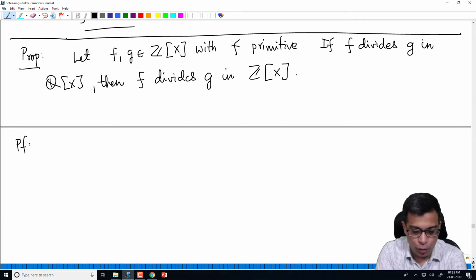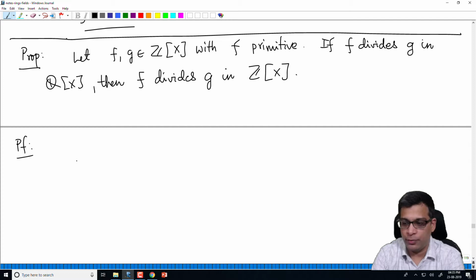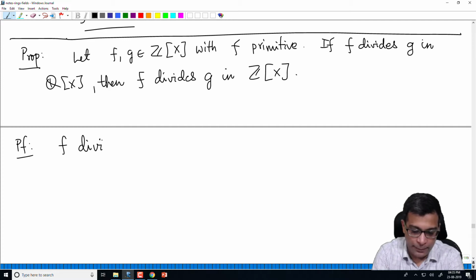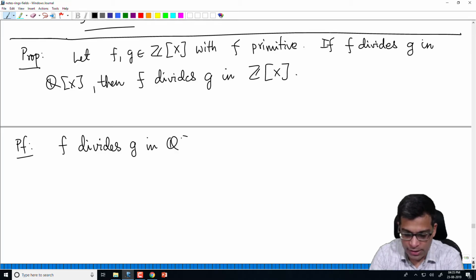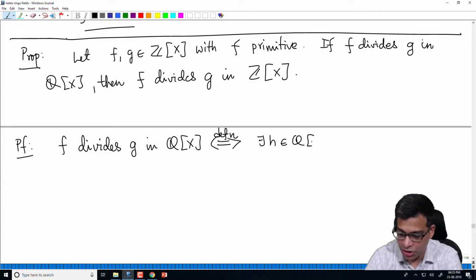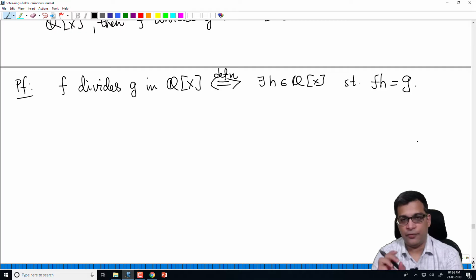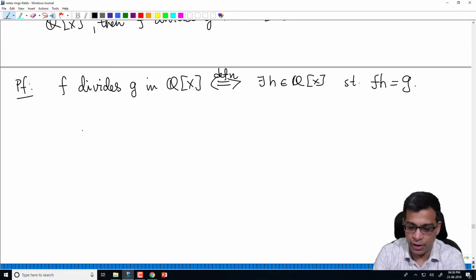So before we start the proof, let me quickly recall what it means for division to happen in a certain ring. If f divides g in Qx, by definition, this means there exists a rational polynomial h in Qx such that fh is equal to g. If an element divides another element in a ring R, that means there is a third ring element such that the first element times the third element is the second element. So here the crucial thing is h is in Qx.